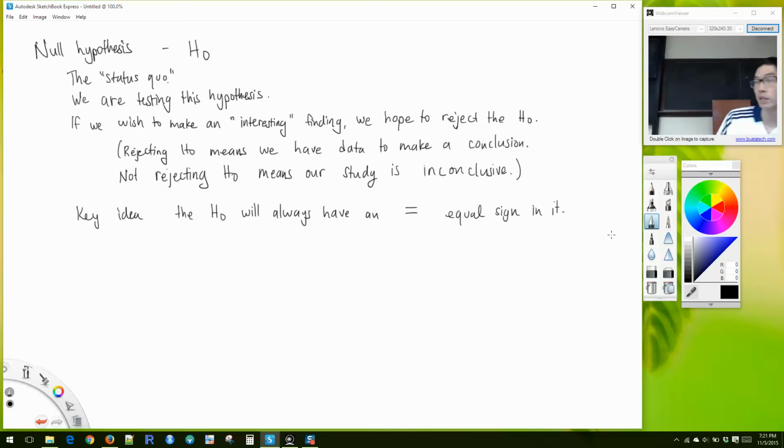We can test against this claim that the parameter in our population is equal to something. If it's just kind of this vague thing saying the population parameter is not equal to some number, our data cannot really be used to make any kind of conclusive decision.